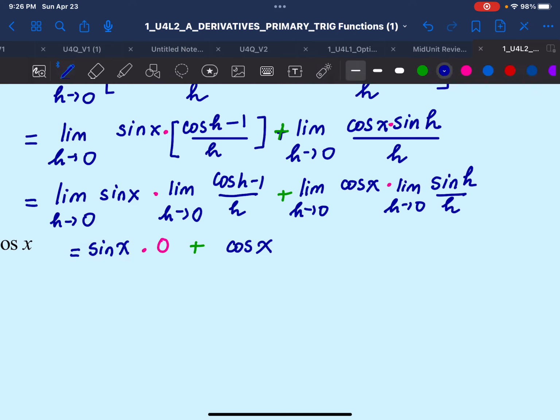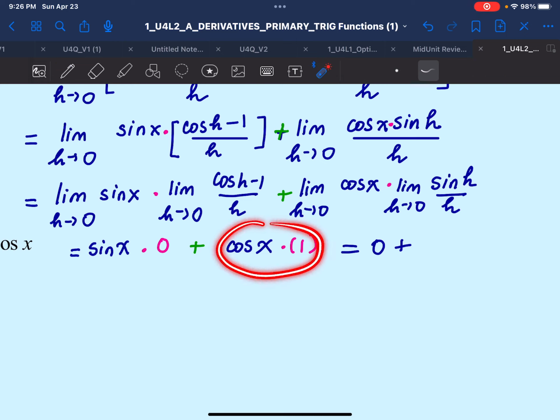And then multiplied by, we know that the limit as h approaches 0 of sine h over h is equal to 1. So what we obtain in this case is this product here, which is equal to 0, plus this product here, which equals cosine of x. So remember that.